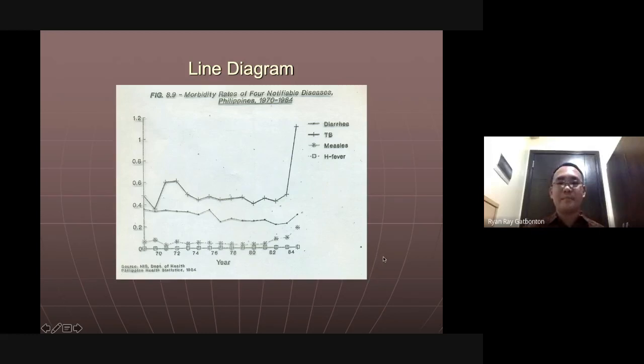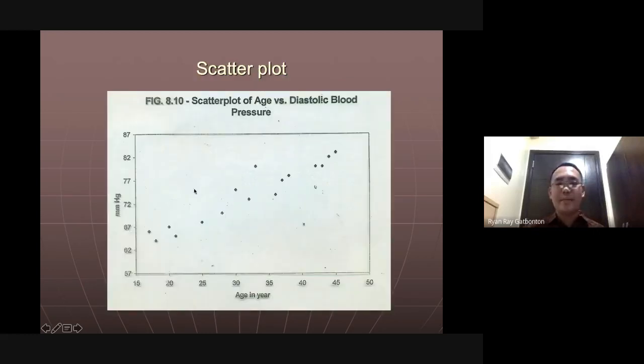Okay? And also a scatter plot diagram, which shows the trend of your data between two variables. This scatter plot is about the age and the diastolic blood pressure of the person. If you notice, the trend of your data here is upward. As people grow older, diastolic blood pressure increases.